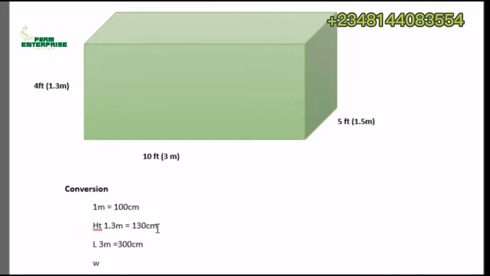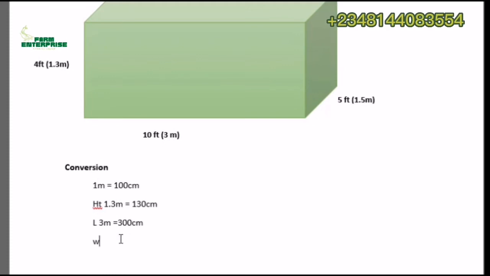Then we look at the width of our pond. The width of our pond is 1.5 meters, which is equal to 150 centimeters.